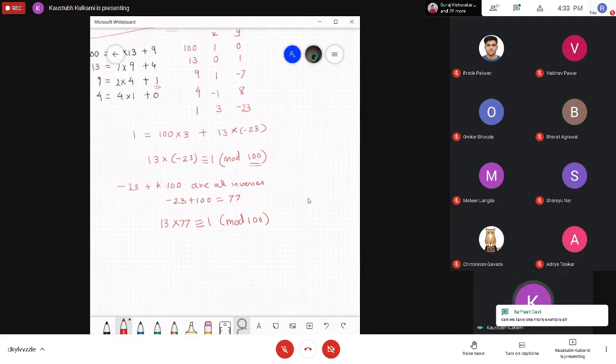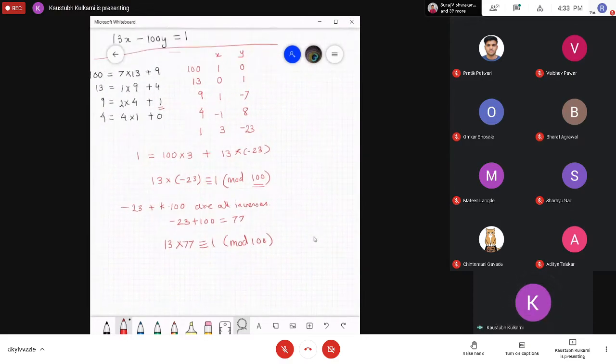Can we take one more example? Yes, we are taking one. Let's take one more example, and let's take smaller numbers for this case. We want to find the inverse of 7 mod 19.